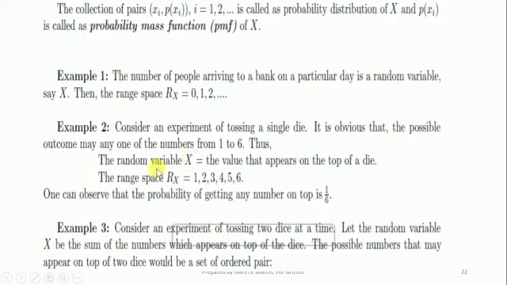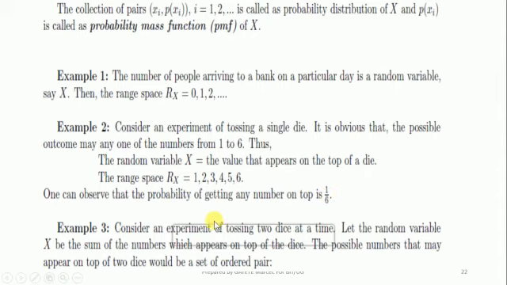So the range space of tossing a die must be 1, 2, 3, 4, 5, 6. 7 is not there because we have only 6 sides. One can observe that the probability of getting any number on the top is 1 out of 6, because the probability of getting the value 6 is only one chance.